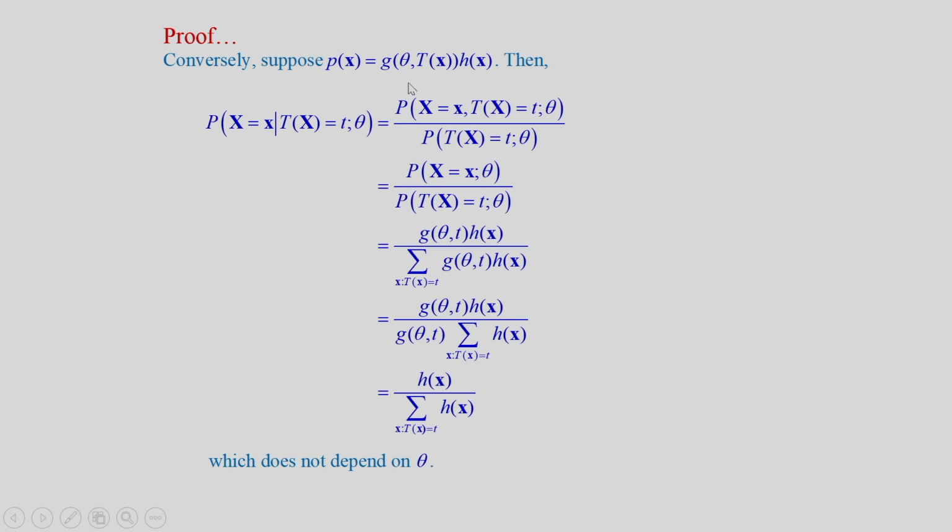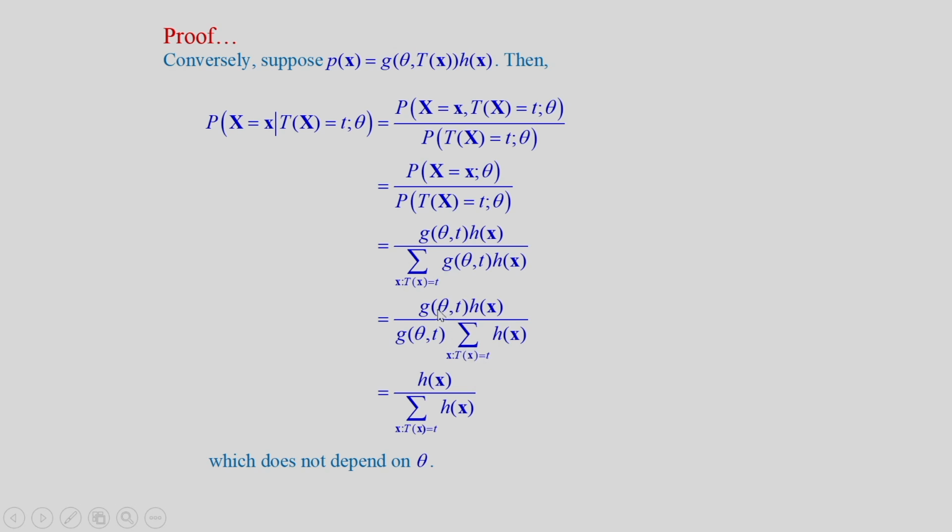Now, we will apply this factorization result. So, we will get g(theta, t) into h(x) divided by summation g(theta, t) into h(x), x such that T(x) is equal to t. So, this g(theta, t) will be common for all, so we are taking it common here, and therefore this denominator will be g(theta, t) into summation h(x), x such that T(x) is equal to t.